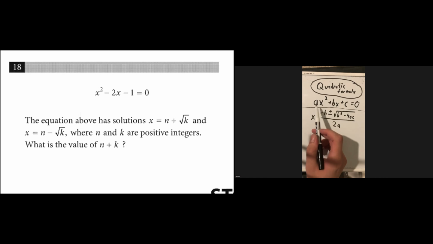So the quadratic formula: ax squared plus bx plus c is the base form. And then to find the value of x, you do negative b plus or minus root b squared minus 4ac, all over 2a. That is the quadratic formula.